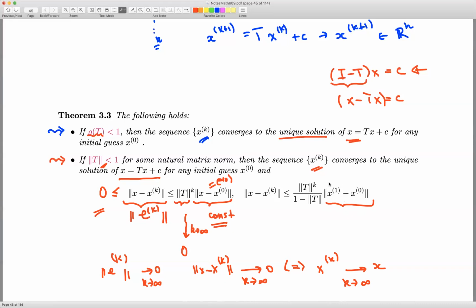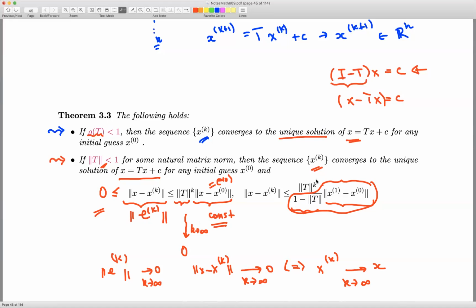So this is a number. The norm of this vector is a number that can be computed. And also 1 minus the norm of T is another number that can be computed when T is given. And therefore this constant can be computed, in comparison to the constant here that we actually cannot compute.